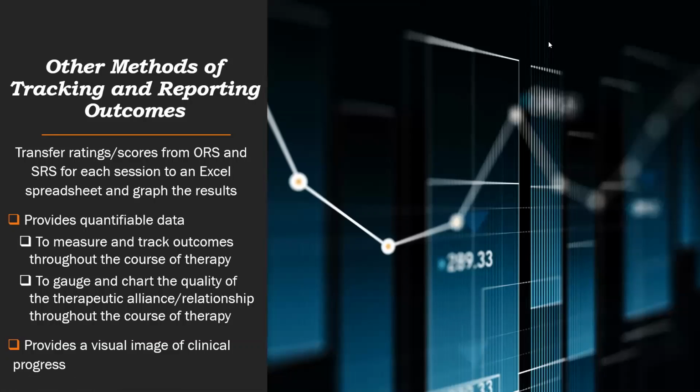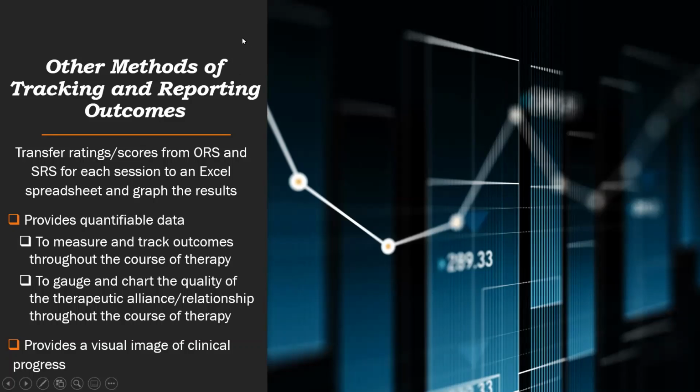So besides utilizing something like My Outcomes, there are some other methods of tracking and reporting outcomes after using or while using the ORS and SRS. So we can transfer ratings and scores from the ORS and SRS for each session to an Excel spreadsheet, and we can graph the results.